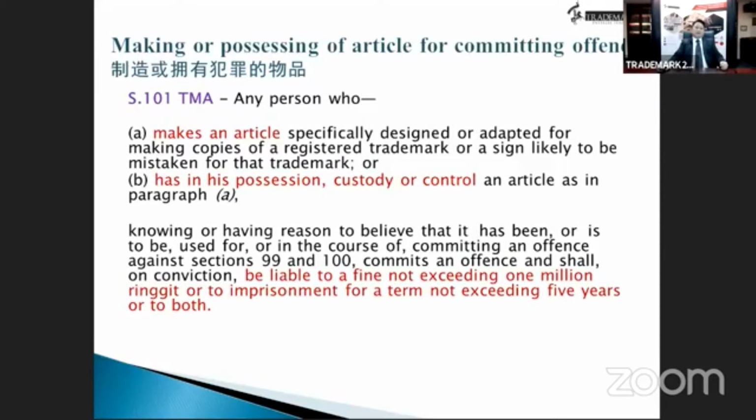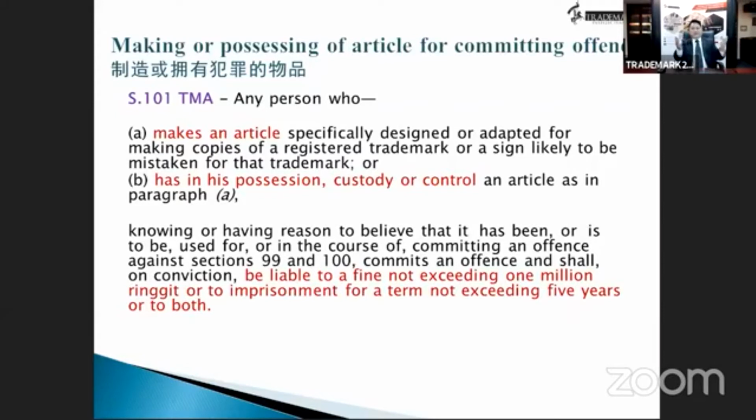Now, I mentioned counterfeiting. Counterfeiting is making, to make so-called counterfeit products. What happens if you are an innocent consumer and you bought counterfeit products? In other words, you bought a counterfeit bag, the H bag, I'm not going to say what brand that is.